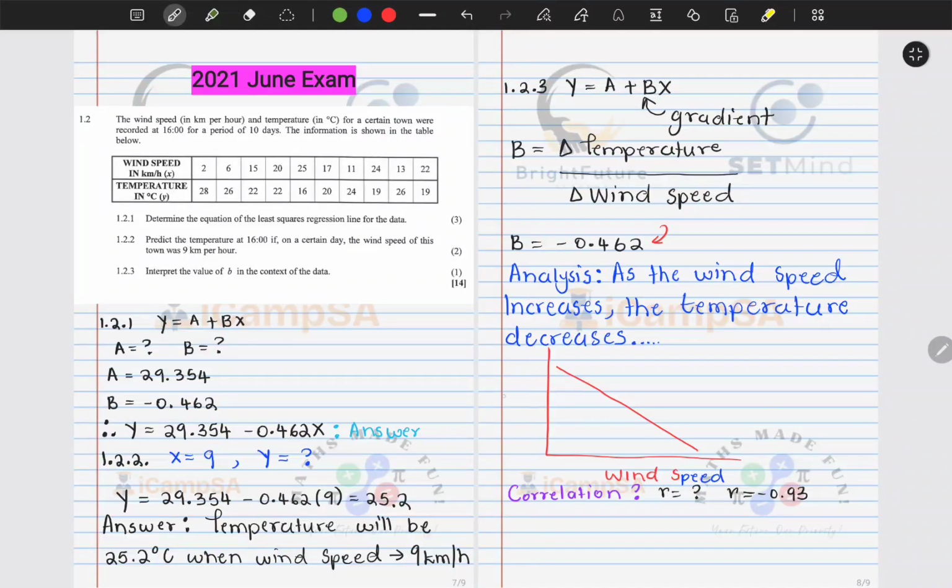So let's put temp here. Okay. So you can see that we can say that X and Y, which they are described what they are, have a strong, very important, but this is negative correlation.